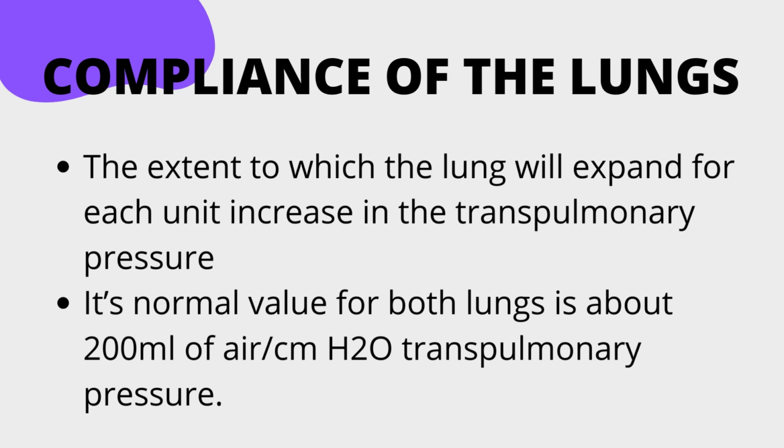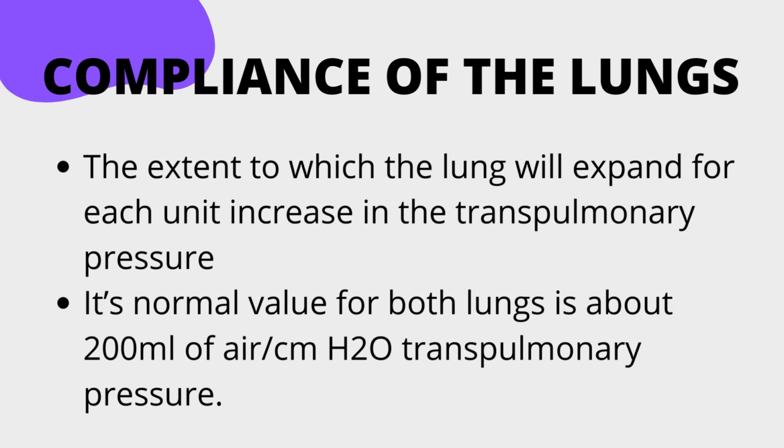You're putting the pressure on the outside, but how much is your lung going to expand for whatever pressure you put? That is the compliance. It's the extent to which the lung will expand for each unit increase in the transpulmonary pressure, if enough time is allowed for the lung to equilibrate, that is, for the lung to stretch. Its normal value for both lungs is about 200 ml of air per centimeter of H2O transpulmonary pressure.